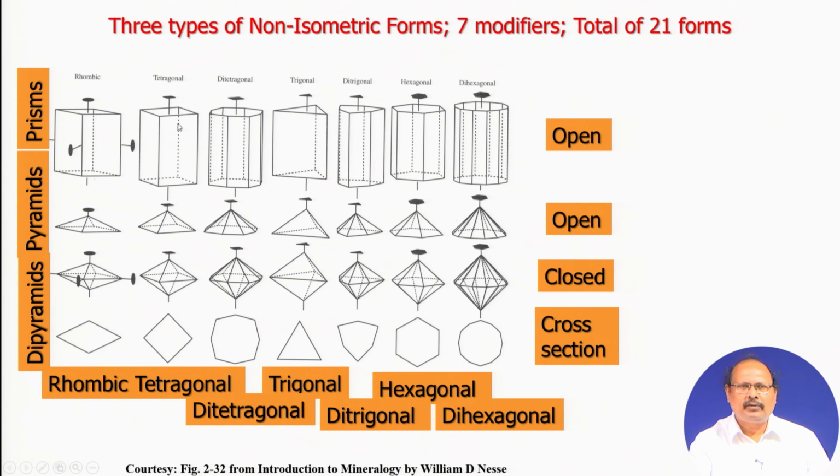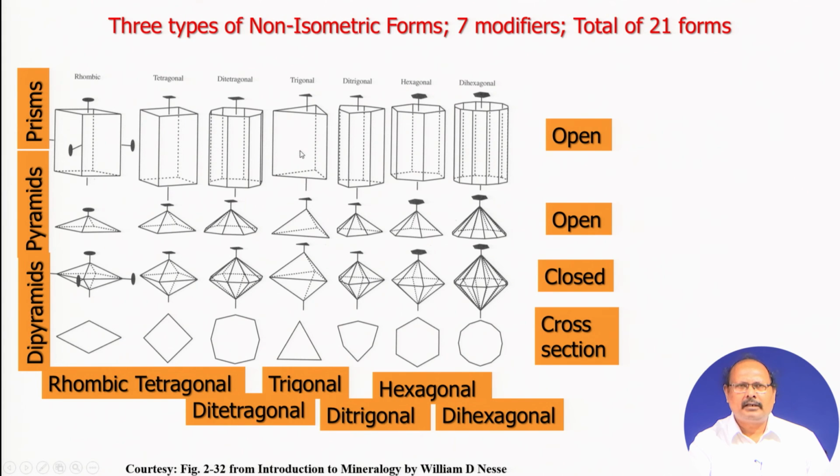If it is subdivided into 2 additional faces here, one face here, another face here, and there are, instead of 4, 8 faces here, all parallel to each other and parallel to the vertical tetrad, we call it as ditetragonal prism here.